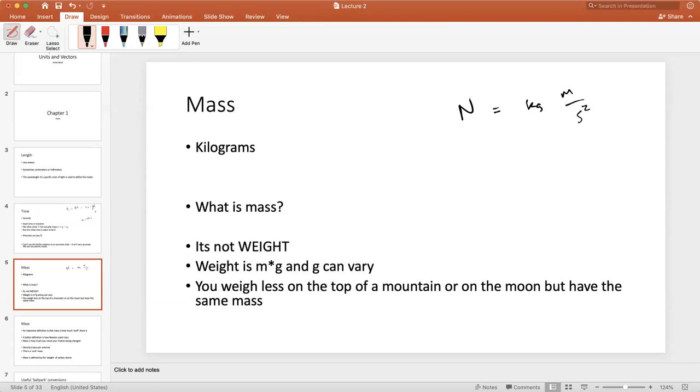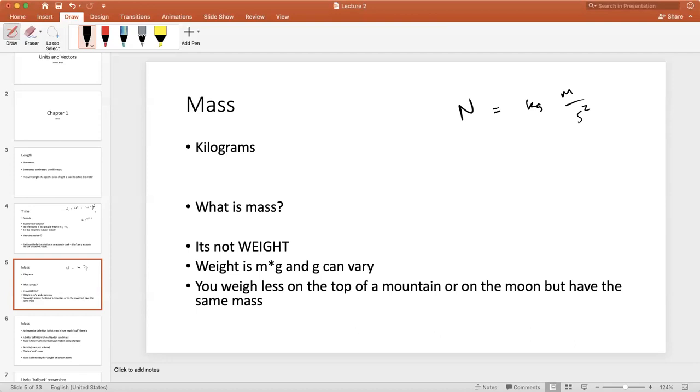If you go up a mountain, gravity becomes less. If you go down into Death Valley, gravity becomes greater, you're closer. And therefore, you weigh more at the bottom of a valley than at the top of a mountain. You weigh more at the surface of the Earth than on the moon, dramatically so. If you go to Mars, you weigh a lot less than you weigh on Earth. So mass is not weight.